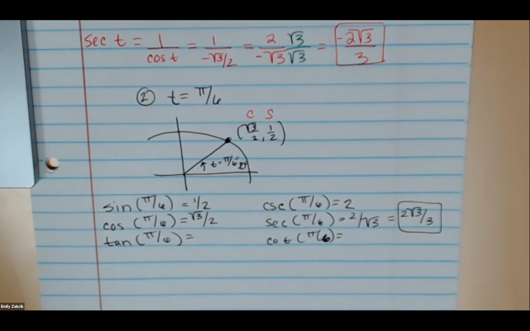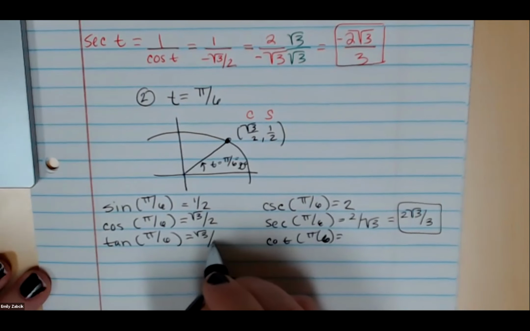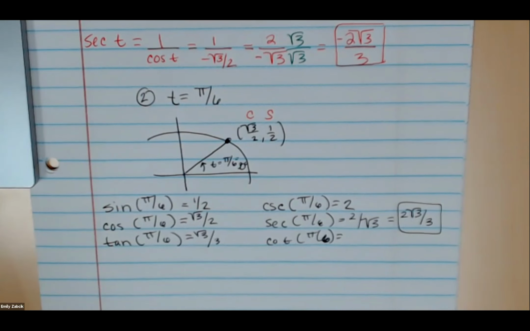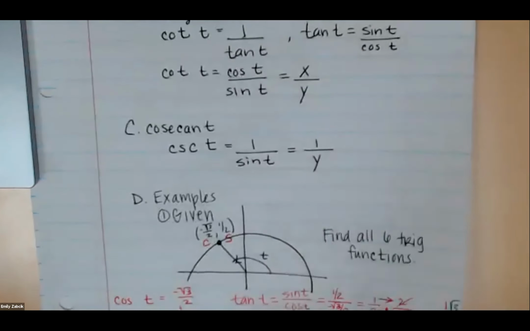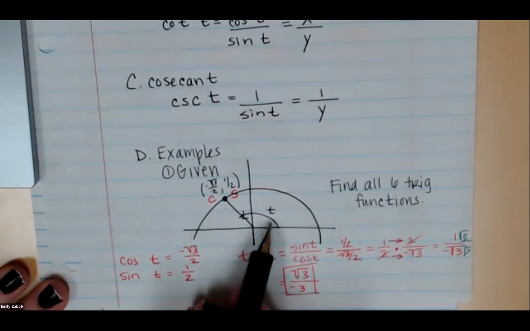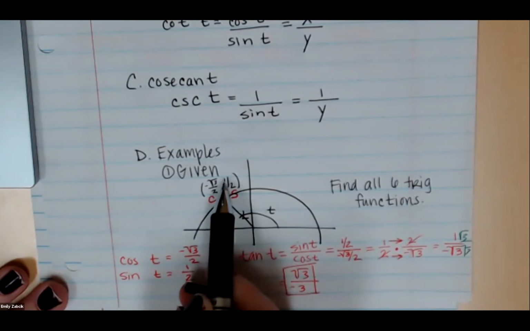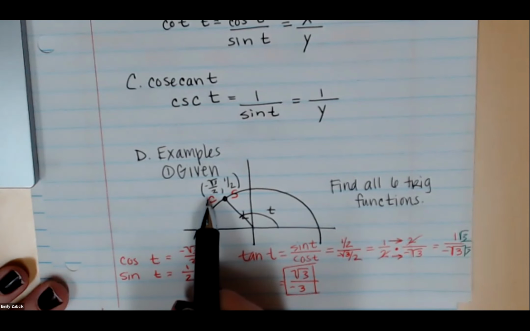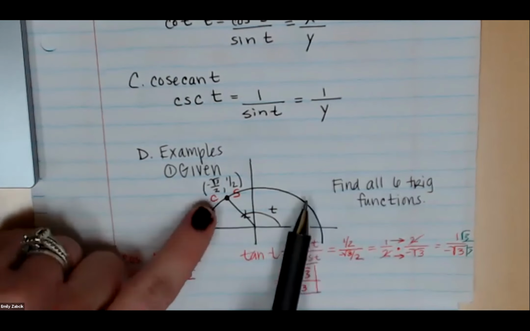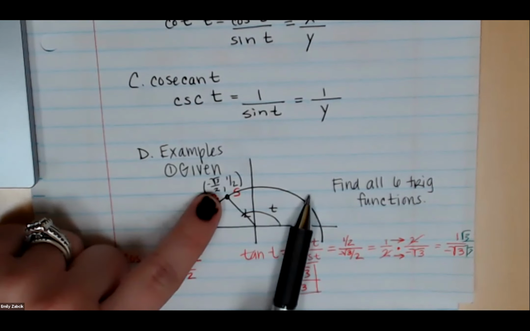Now, tangent is sine over cosine, and you can kind of work with that. And this one would give us, we've already done it in the previous problem, square root of 3 over 3. Because talk about this angle in relation to the angle that we just identified here from the previous page. This angle here had the same ordered pairs, but it was in quadrant 2. So because the unit circle is reflective, you're going to see that these have the same ordered pairs.